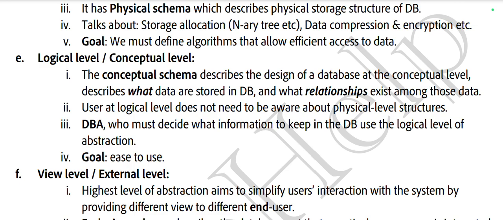Users at the logical level do not need to be aware of the physical level structure. The DBA, the database administrator, who must decide what information to keep in the DB, uses the logical level of abstraction.